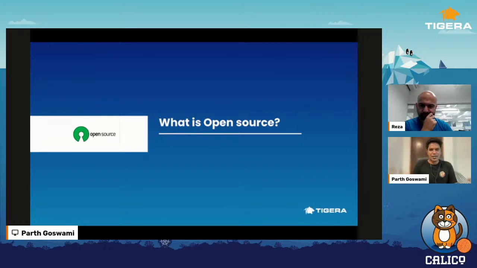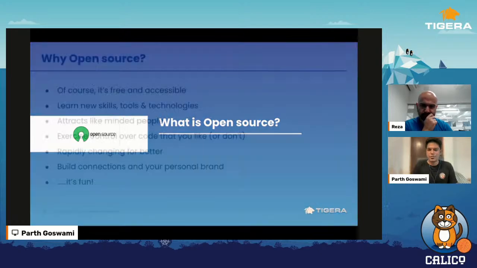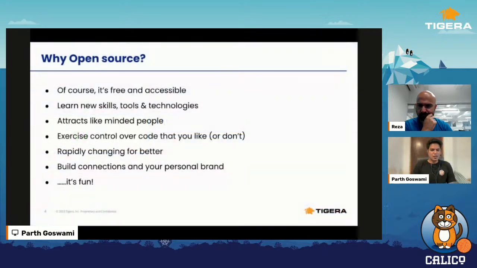Now let's try to understand a very important aspect of open source, and that is why open source. Of course, as I said, any software, any project, any community that allows you to take a look at its code without costing you a dime, that allows you to use it, modify it, and distribute it, is termed open source.